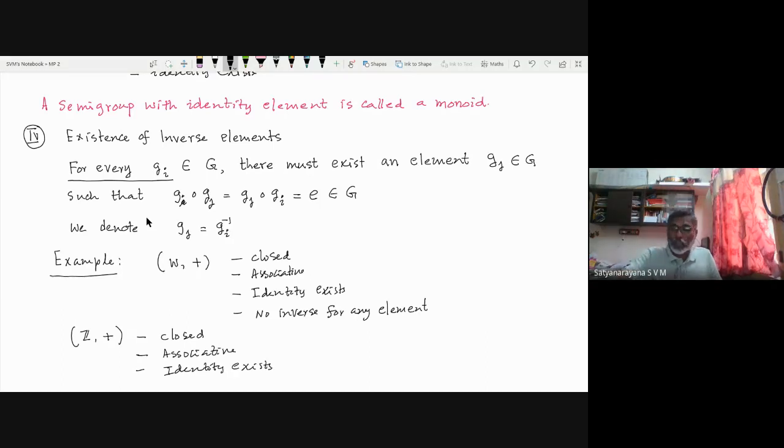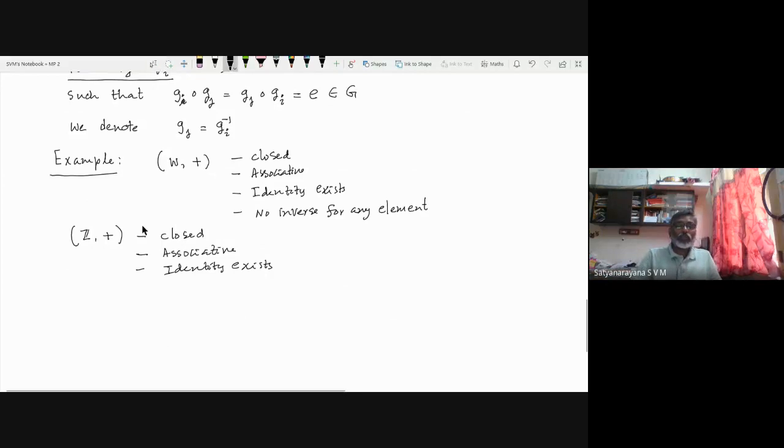Identity exists, and for every m in Z, minus m in Z is its inverse, and minus m is there.